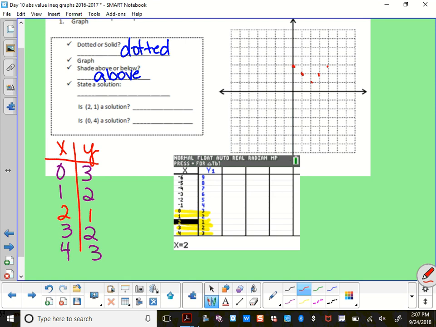We know I have a dotted line, so I'm just going to dot my V. Just make it dotted. My board's a little off, but it works. So if I'm going to shade above, that means I'm going to shade above my graph here.